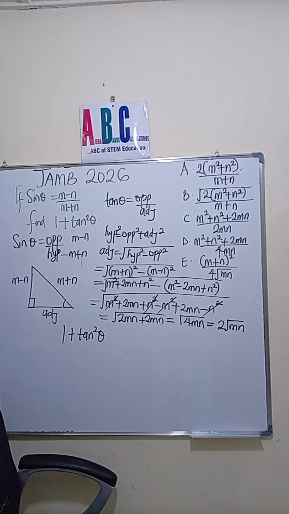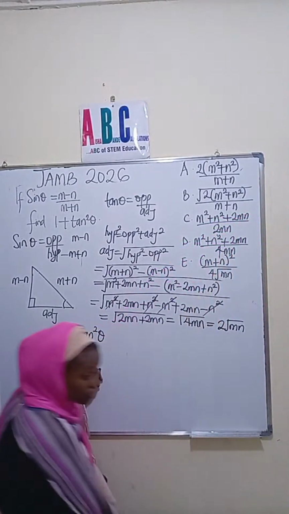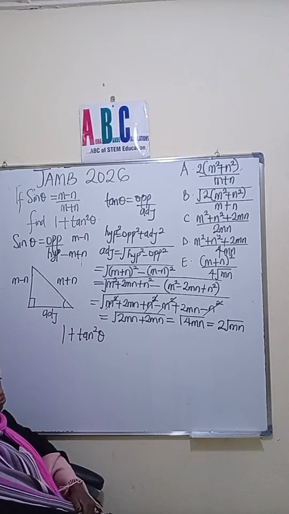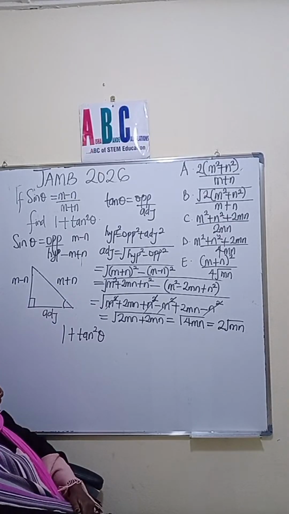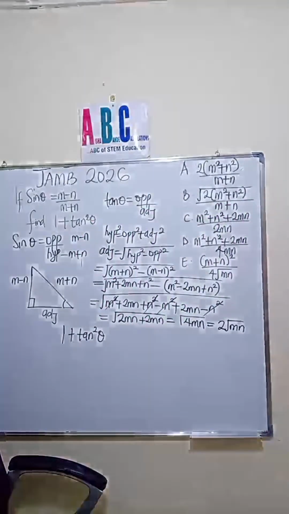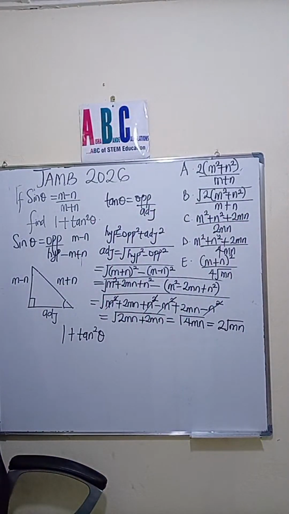Okay, can we start now? All right, go on. So we are looking for 1 plus tan square theta. So what do we do to get the answer? Mr. Wasiu, I think your network is poor. Who wants to come up and finish up?